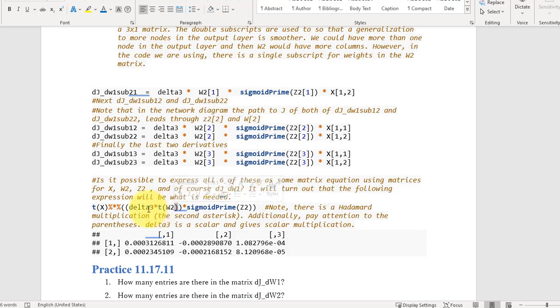So a matrix times a scalar is also a matrix. So this whole thing here is a matrix. Now we're doing some kind of multiplication here, and then times what? This is also a matrix. But this is matrix multiplication here. This is not the same symbol as here.